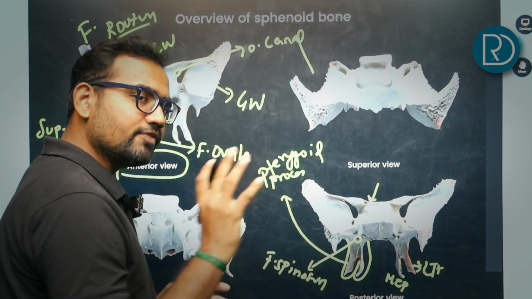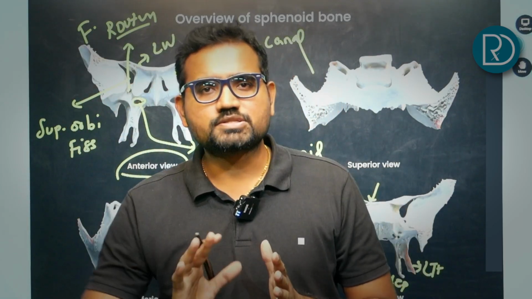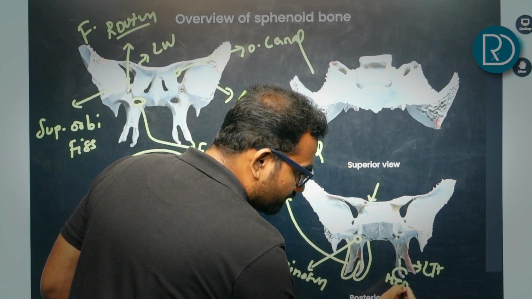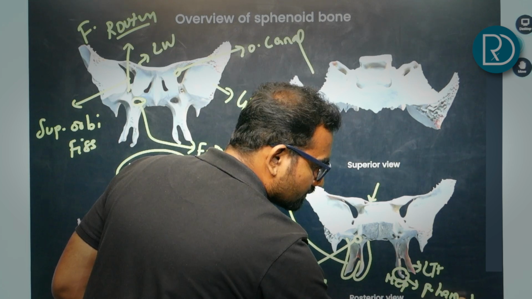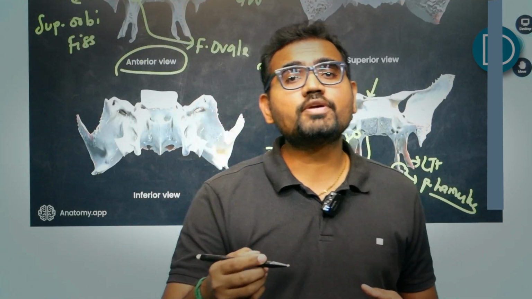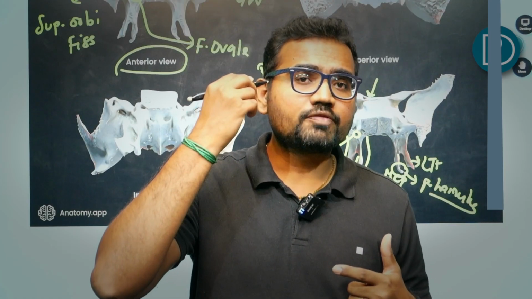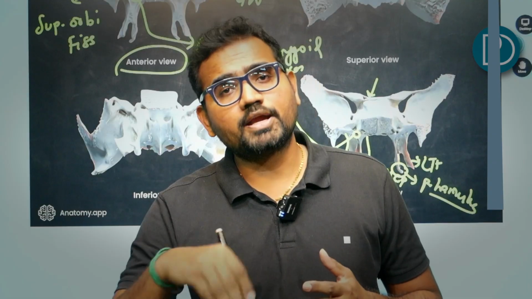What is the significance of the pterygoid process? It gives attachment to muscles. This portion is called the pterygoid hamulus. The pterygoid hamulus is very important because the pterygomandibular raphe wraps around it. Superiorly, the pterygomandibular raphe extends to the pterygoid hamulus, and then inferiorly to the mylohyoid line.